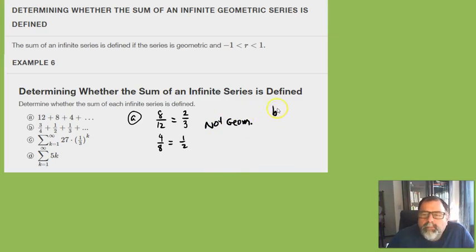Okay, B. We don't have to check r if it's not geometric. So 1/2 divided by 3/4. Remember, you flip that over: 1/2 times 4/3. I can reduce, so I get 2/3. And then 1/3 divided by 1/2.